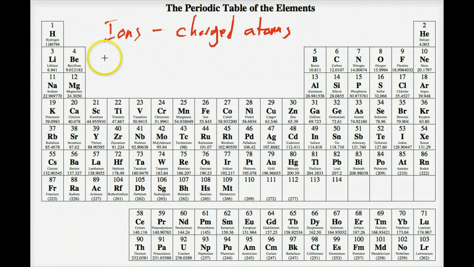So how do I create a positive ion? A positive ion, or positively charged ion. How do I accomplish that? Well, in order to become positive, I have to lose my negativeness. So you do this by deleting or subtracting electrons.